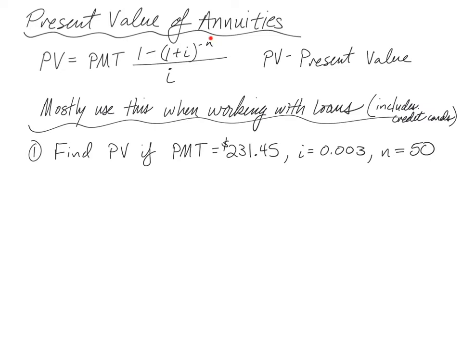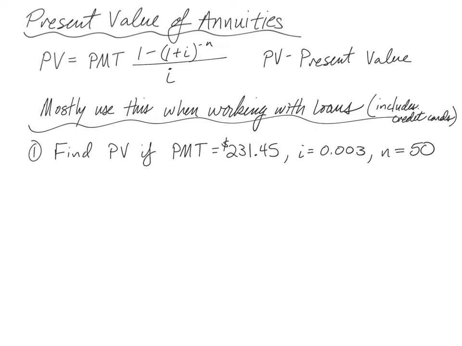And N up here is the total number of compoundings, which would, again, if not given to you, you could figure out by multiplying the number of years times the number of compounding periods per year.